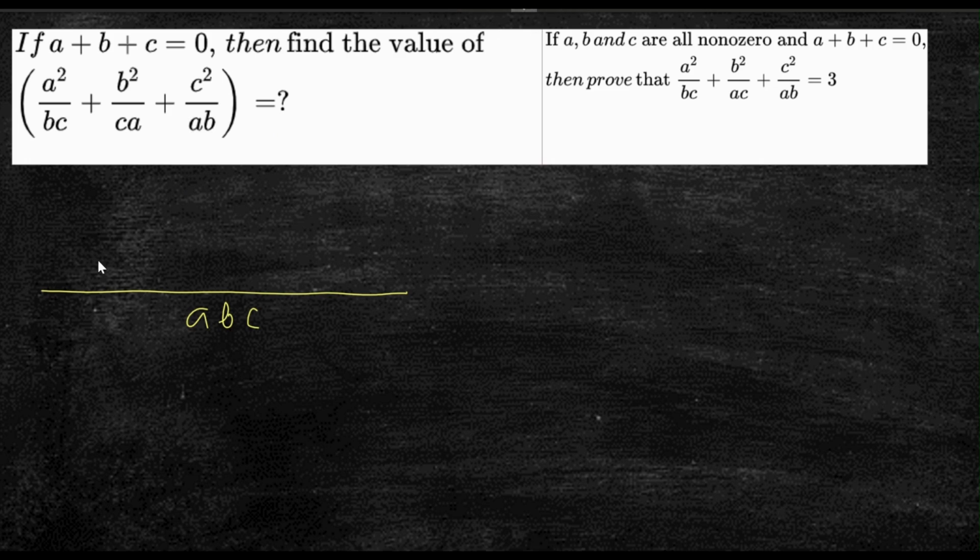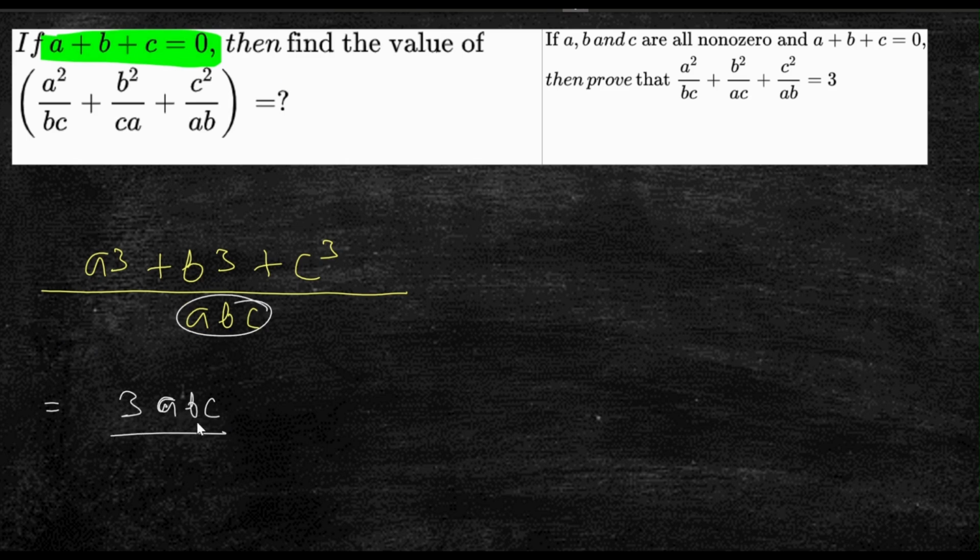So we'll be writing this as A cube plus B cube plus C cube. Now since it is given that A plus B plus C is 0, we can write A cube plus B cube plus C cube as 3 times ABC, and this divided by ABC. Now we can cancel this ABC and ABC. That results to give you this is equal to 3.